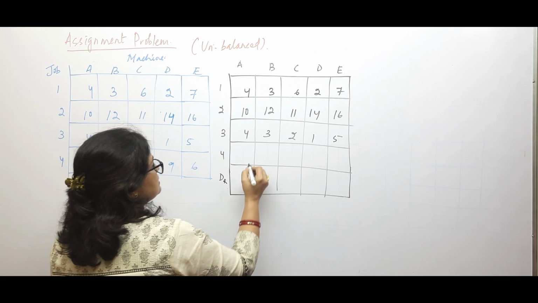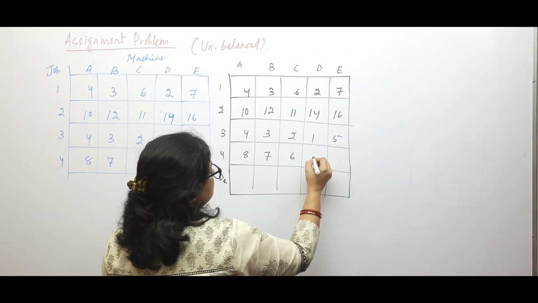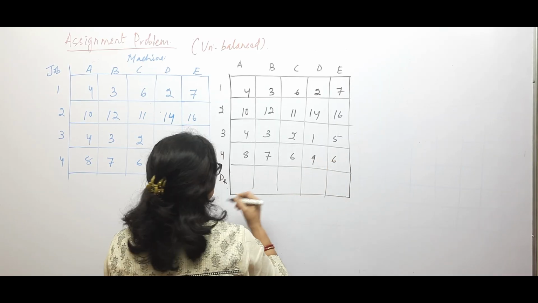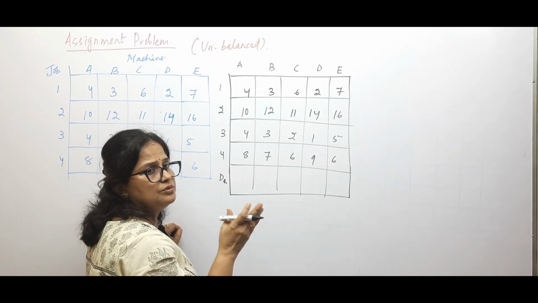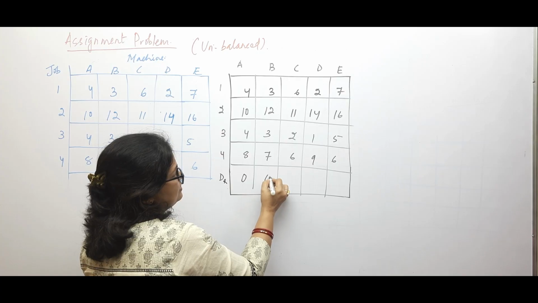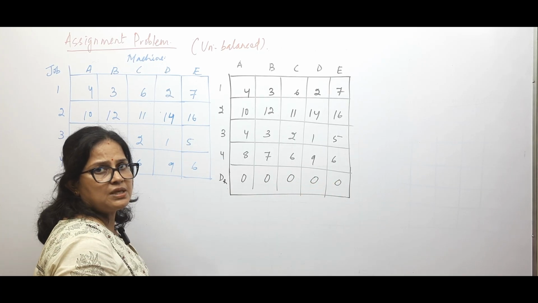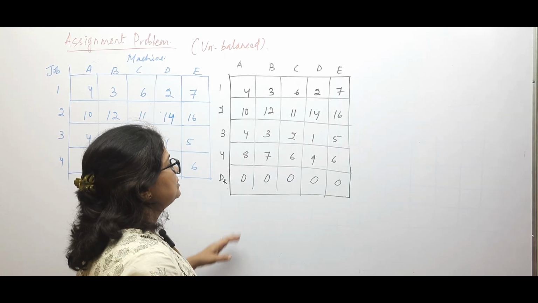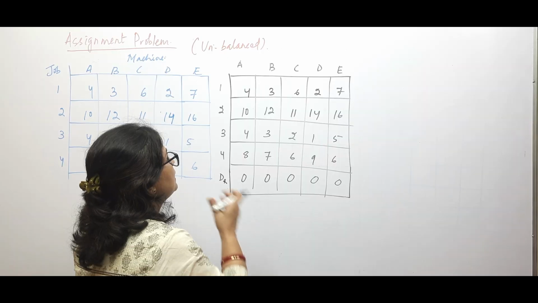Then 8, 7, 6, 9, 6. For this dummy row or dummy column, the cost will always be 0, as this is not going to change our objective function. So the cost will be 0.